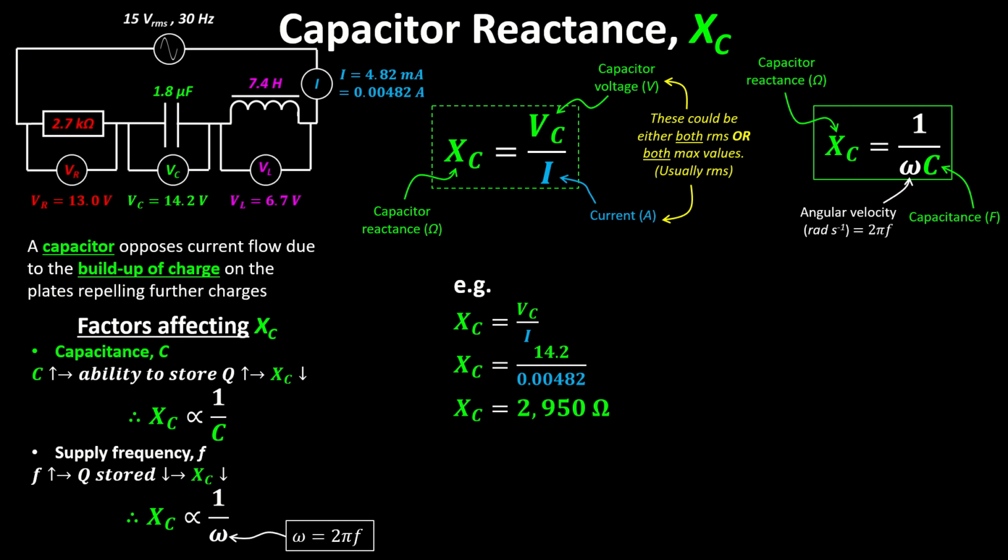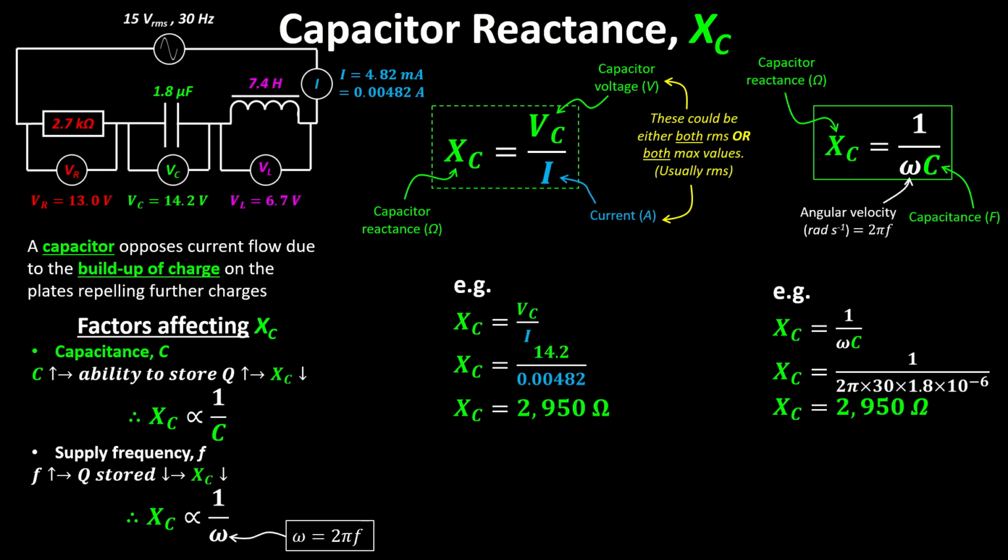So if we want to use that second formula, 1 over omega C, just in this circuit, we take the values that we know. The frequency is 30 hertz, so omega is 2 pi times 30, and the capacitance is 1.8 microfarads, so it's 1.8 times 10 to the negative 6.